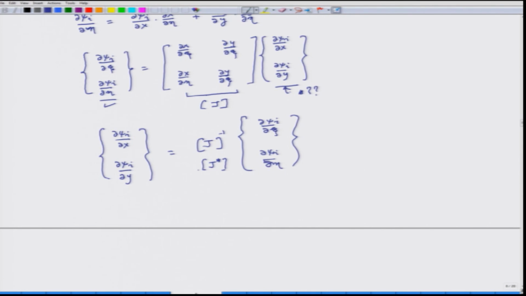So, I compute the partial derivatives of psi I with respect to x and y by first computing the J star matrix, which is the inverse of the J matrix, and then multiplying this J star matrix with partial derivatives of psi's with respect to zeta and eta, and this side is known. So, I can compute del psi I over del x and del psi I over del y.